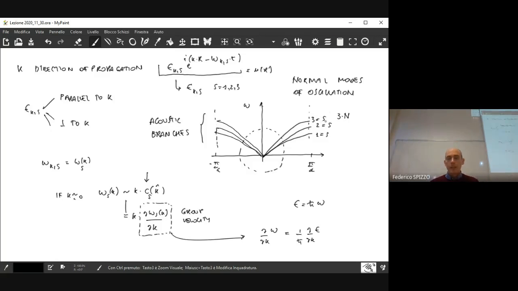So the final result of this calculation is that any arbitrary oscillation of the system can be expressed as a combination of normal modes of oscillation, and the normal modes are found in a number equal to 3 times the number of ions in the system.